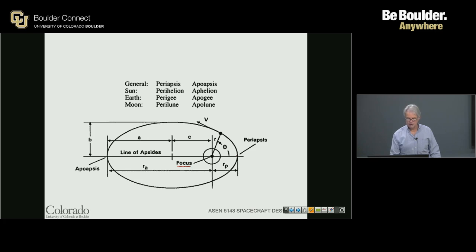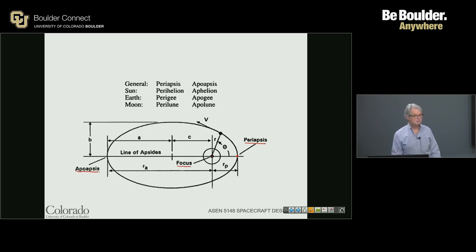So radius of periapsis is the distance from the center focus out to the point of closest approach to the planet. Okay, we call it periapsis. It's odd because I wanted it to be a different word, because the furthest point away is called apoapsis.